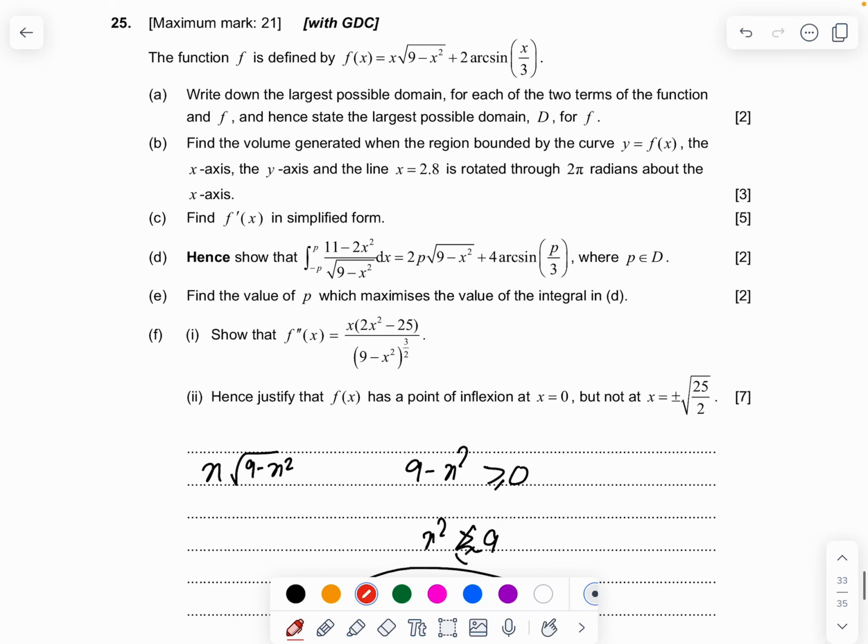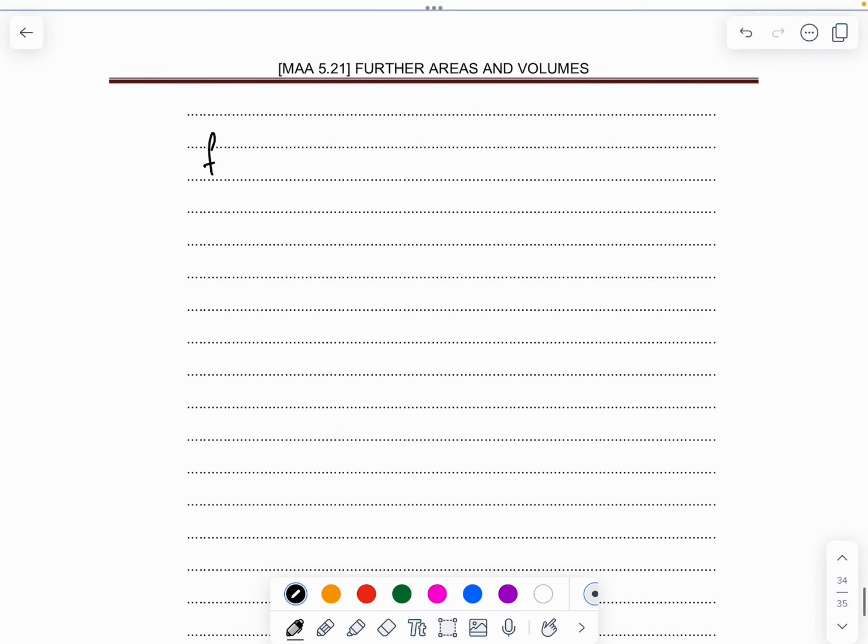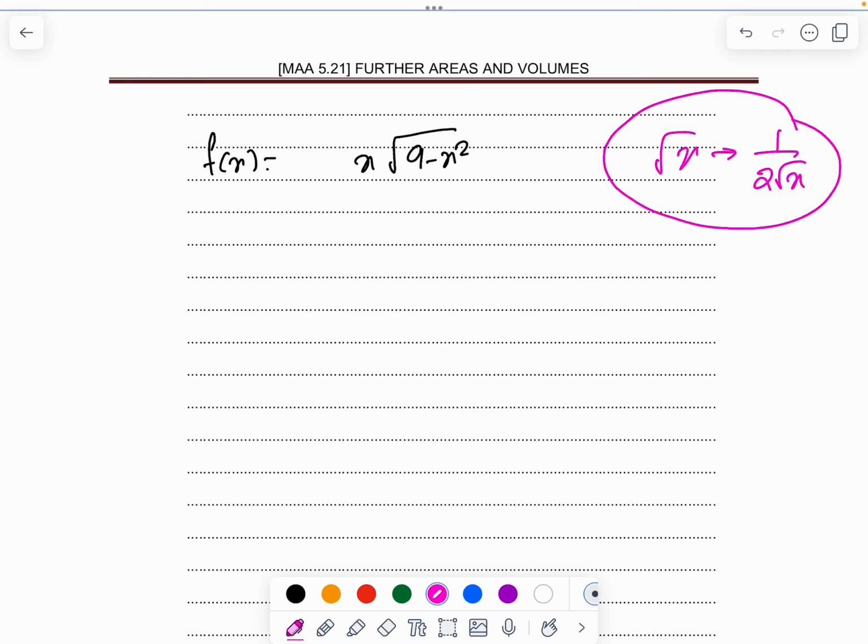Now finding the derivative of this one. f of x equals x times the square root of 9 minus x squared plus 2 upon 3 times sin inverse of x upon 3. Remember, the derivative of square root of x is 1 upon 2 root x, which will make your life easy if you remember this formula.